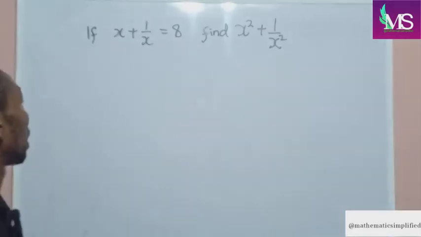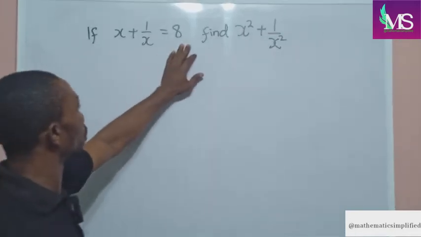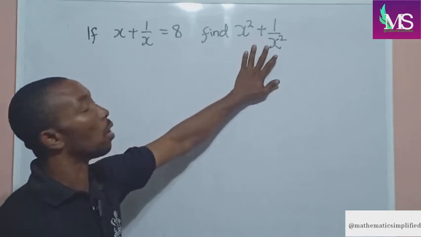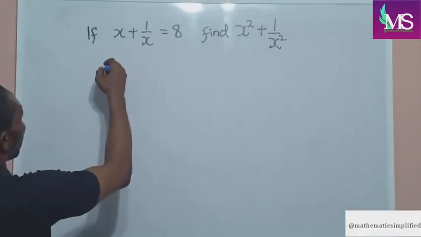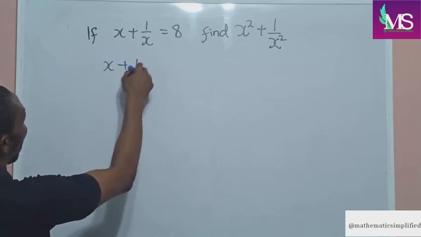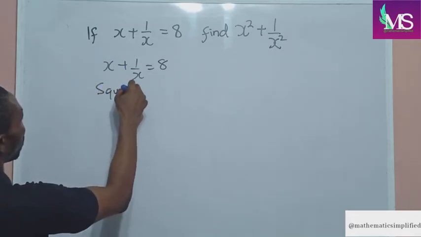Our next question says, if x plus 1 over x equals 8, find x squared plus 1 over x squared. Now, in solving this question, we will start by squaring. If x plus 1 over x equals 8, we have to square both sides.